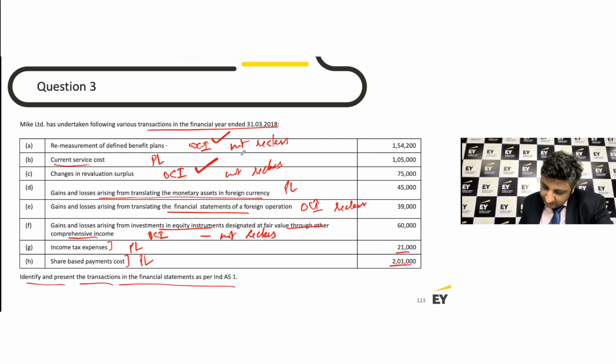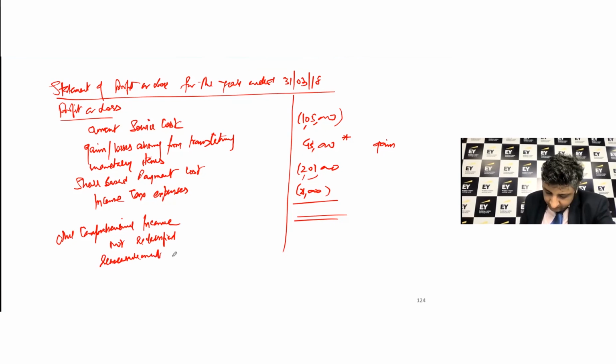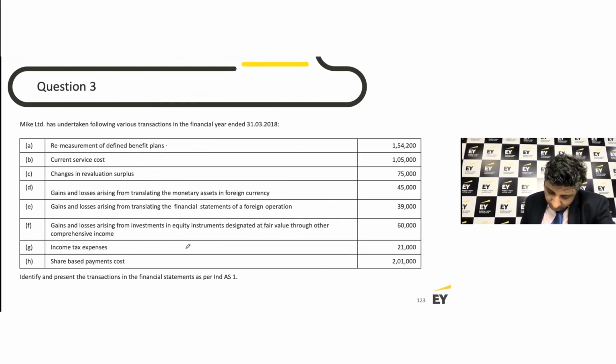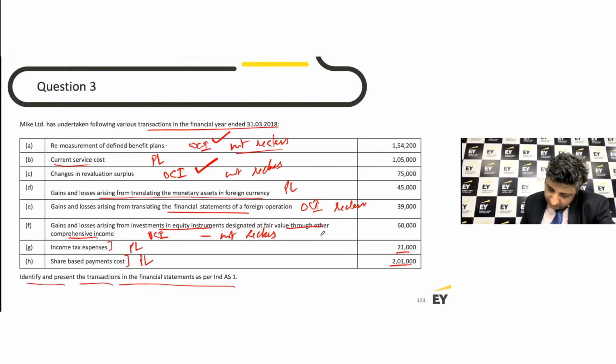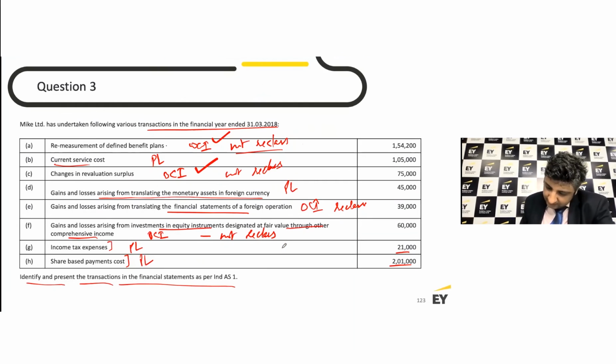So we can pick up something which is not reclassified, which is remeasurement of defined benefits, right? Revaluation surplus, right? And then we had also gains and losses of investment in equity instruments, right? So these are amounting to, we don't know whether these are gains or losses.